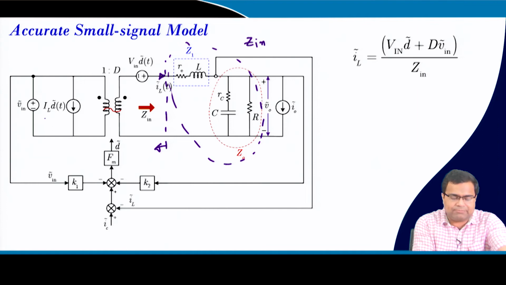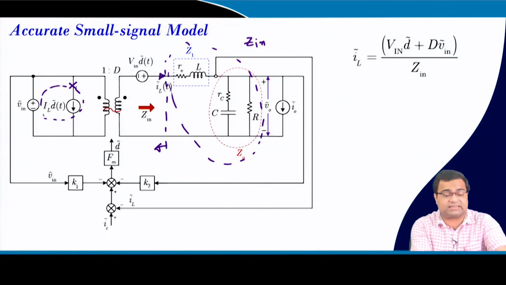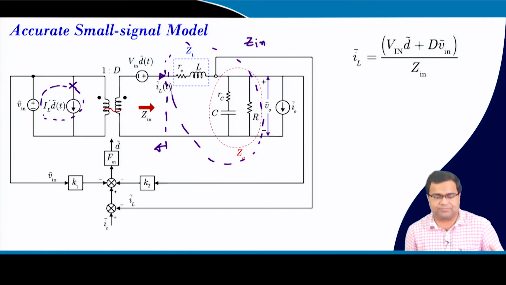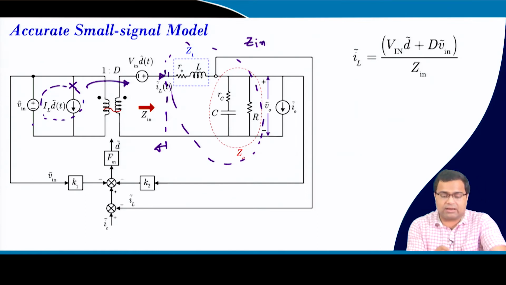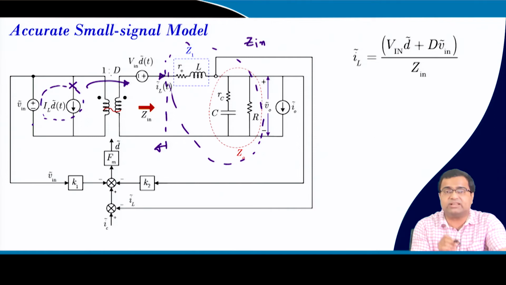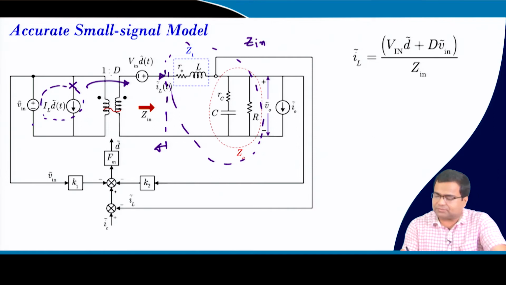we know that this current source can be vanished and we can remove it because it is across a voltage source, it has no meaning, and this voltage source, if you map to this secondary side with a step down ratio of 1:D, then you can draw this circuit like this.